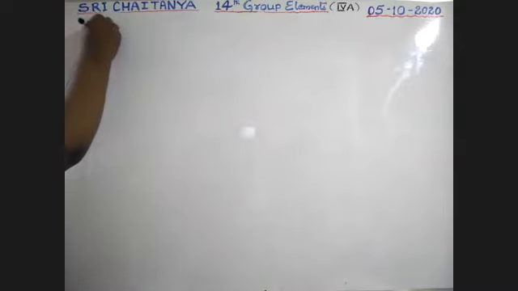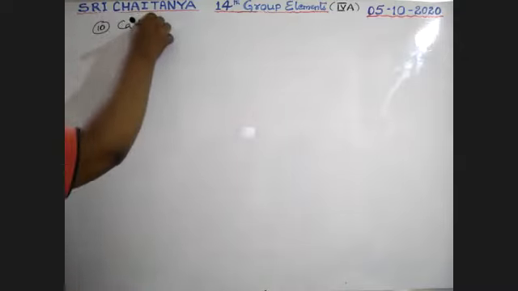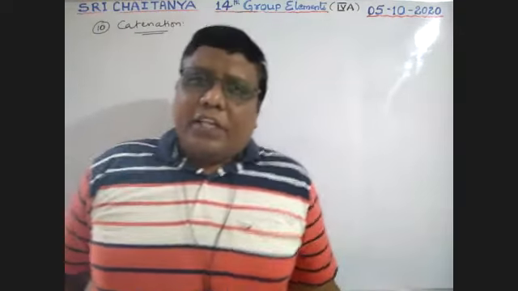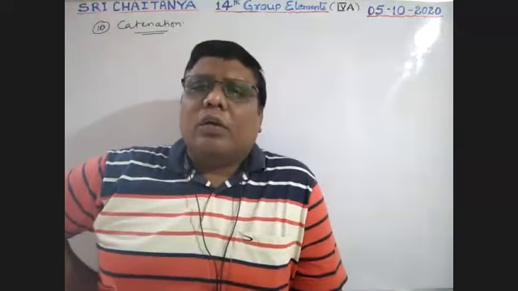What is catenation? Already in your lower classes this was covered, boys. Self linkage of atoms of the same element to form long chains, branched chains, and ring chains is called catenation. Note down the statement.